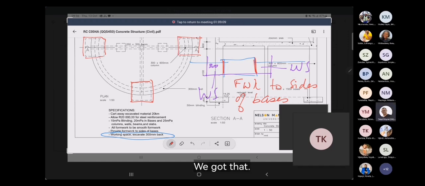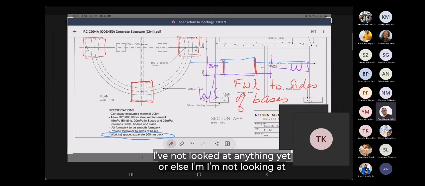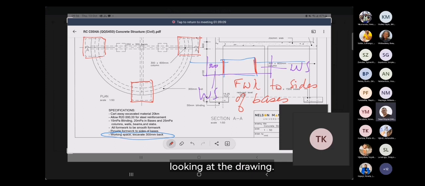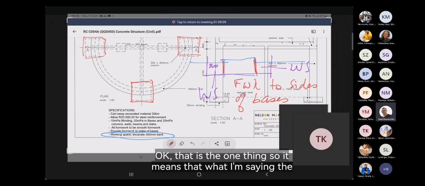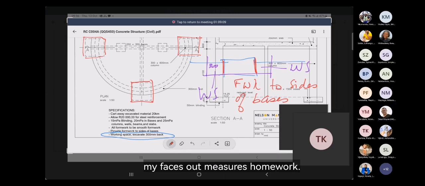You got that? I've not looked at anything yet. I'm not looking at dimensions, nothing. I'm identifying things that I see and things that I have picked up from the specification and by looking at the drawing. Right? Okay. That is the one thing. So it means that for my bases, I would measure formwork.